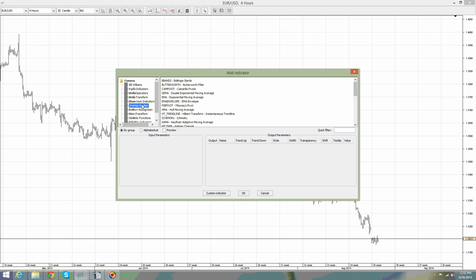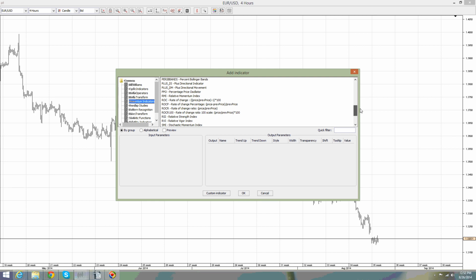The overlap studies basically are the trend indicators to be put on the screen, or momentum indicators. Under the momentum indicators you have basically the oscillators, and here they are referring to overbought or oversold levels.